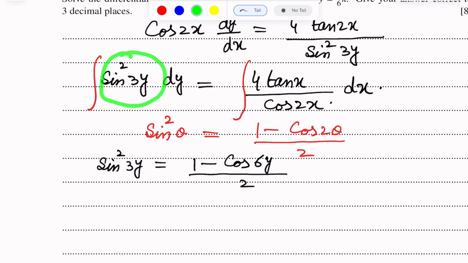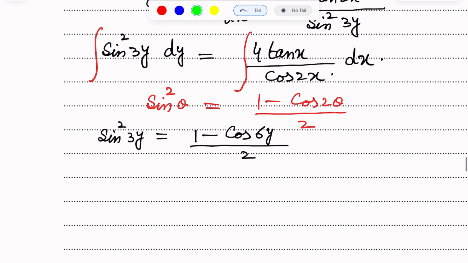Now in place of sine square 3y we are putting 1 minus cos 6y over 2.